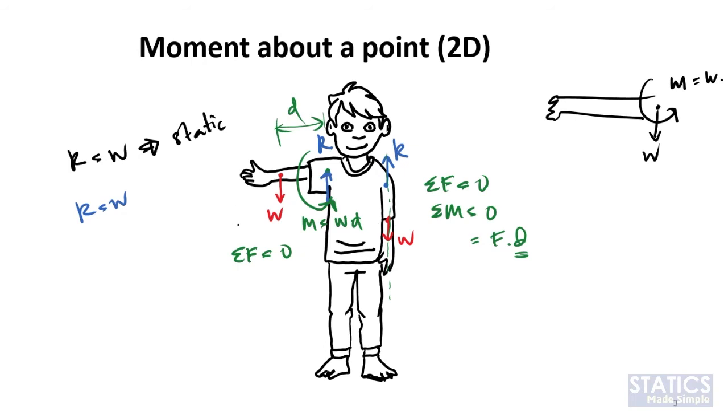This is what we call the equivalent force couple system. Initially the force is here. We want to know the effect at another point on the rigid body, so this will be the equivalent effect of it.